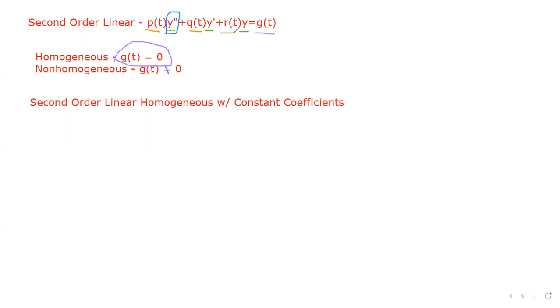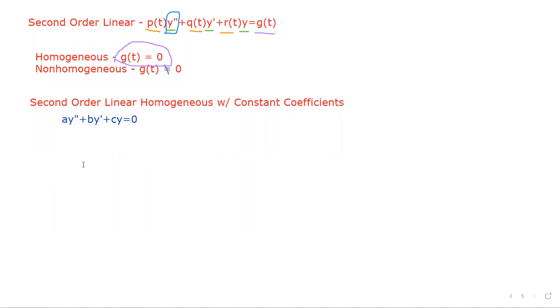We don't have to worry about t's being thrown in there. So this is really going to simplify things a bit. When we do all of this, our equation simplifies. Oops, some number a times y double prime, plus b times y prime plus c y equals 0. So that's going to be our general form that we're going to get.